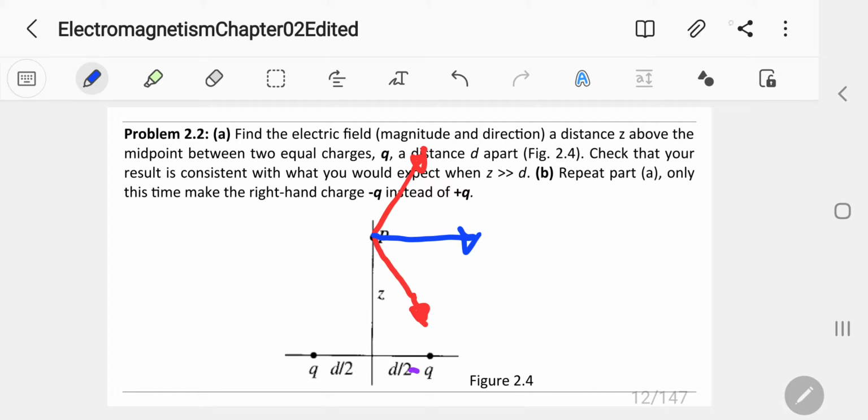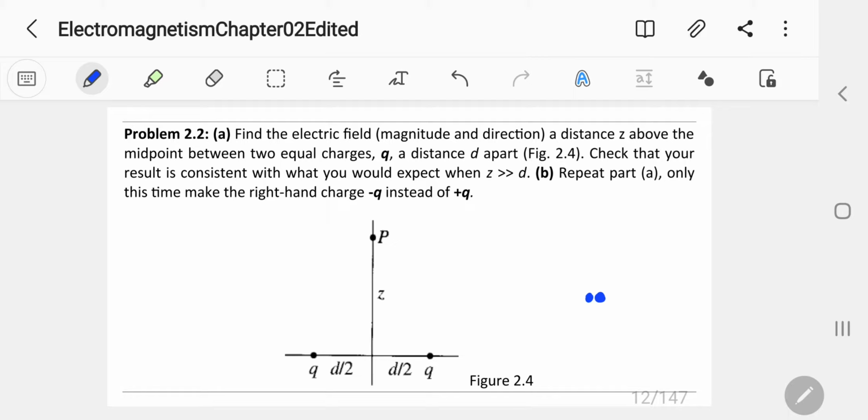So how about when the two charges are very far away from this point? When it is far away, what happens? The two charges would come closer to each other.